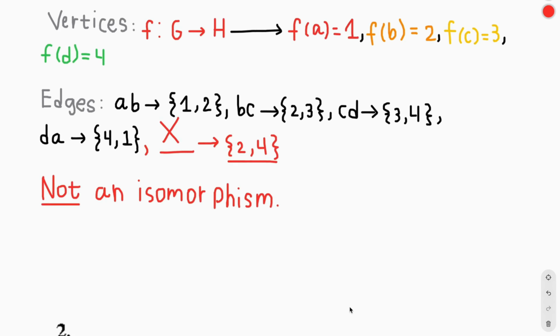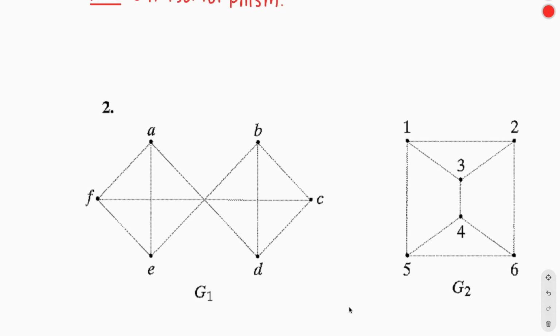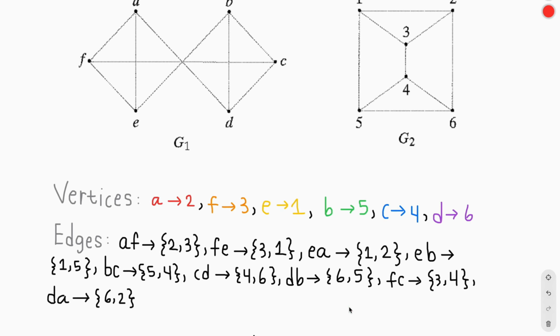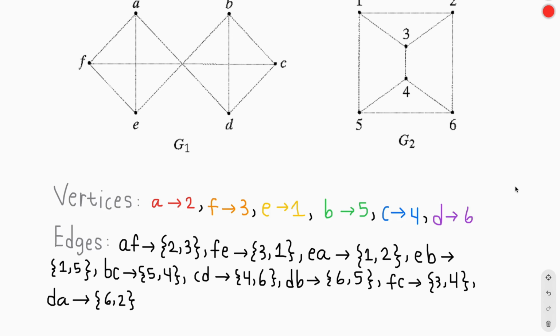So with that being said, let's take a look at an actual example of isomorphism. Okay, and I've already done the mappings, but let's just work through it together and see how you can get those mappings. So the first thing you want to do is make some observations about your graphs, right?